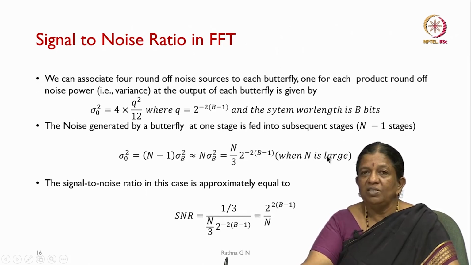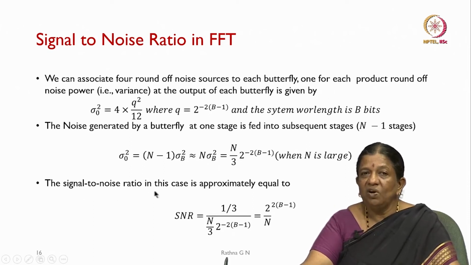Then we said that our noise is represented as n minus 1 times sigma b squared, and now you will realize that for large n we can represent it as n times sigma b squared, which we assumed in the previous case.